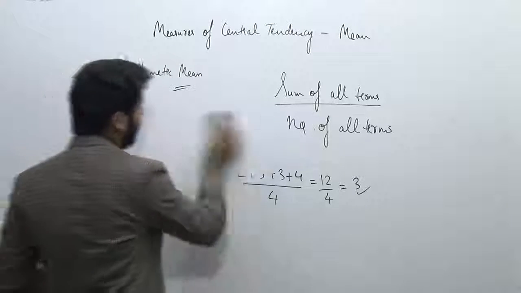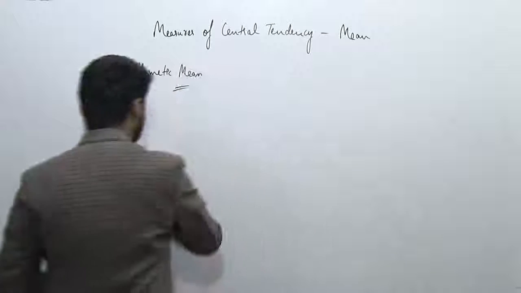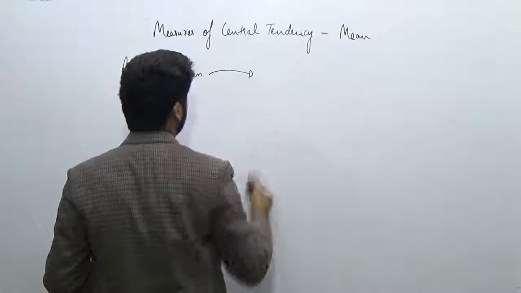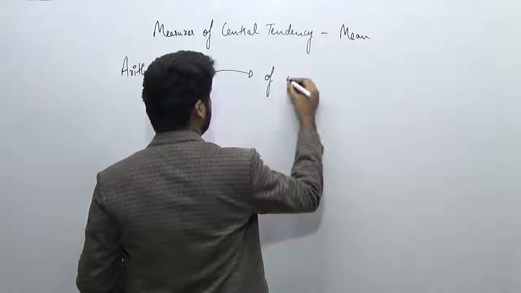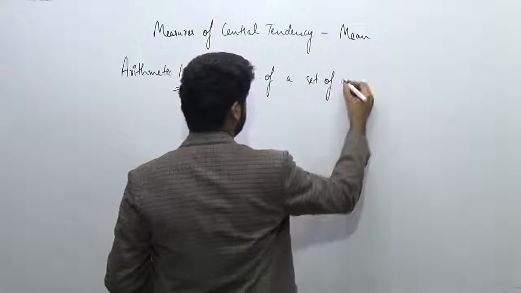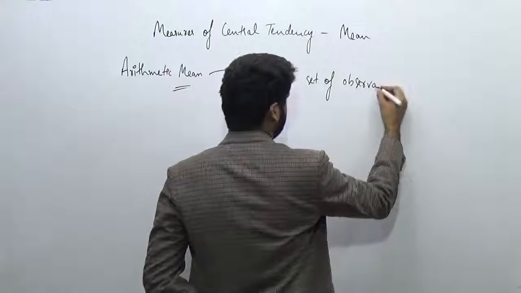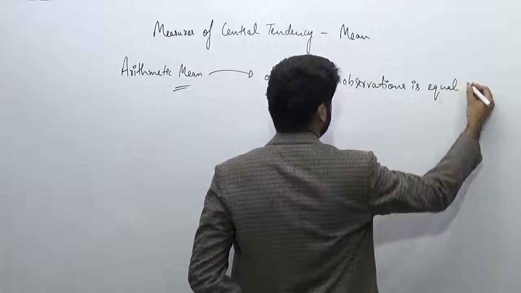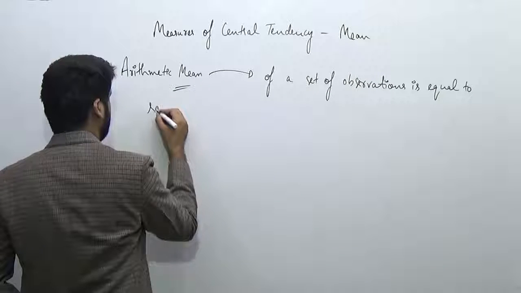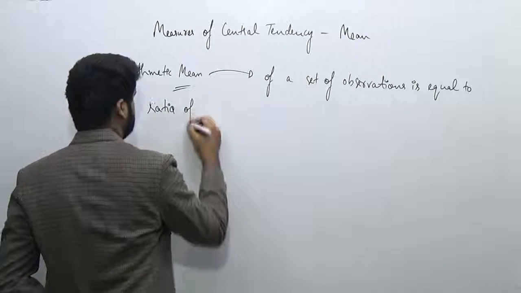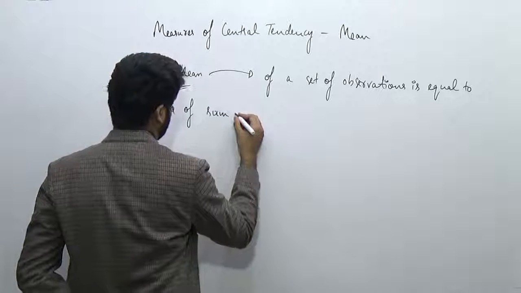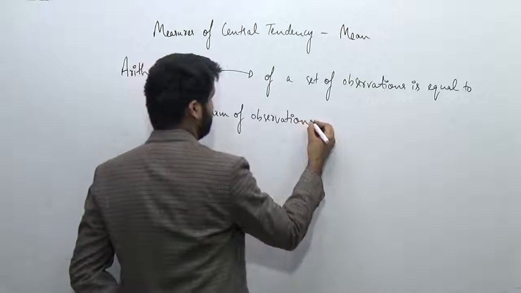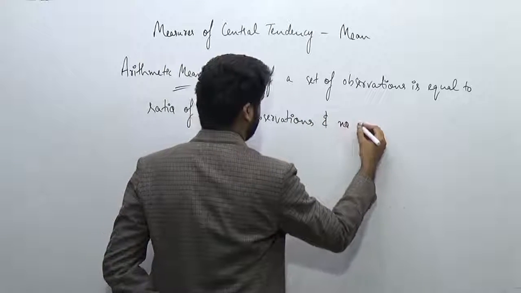So let's write down the official definition for this arithmetic mean. The arithmetic mean of a set of observations is equal to the ratio of the sum of observations and the number of observations.